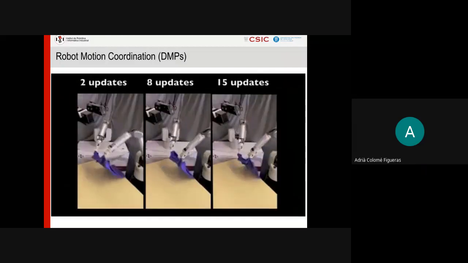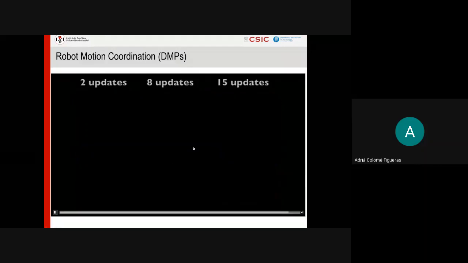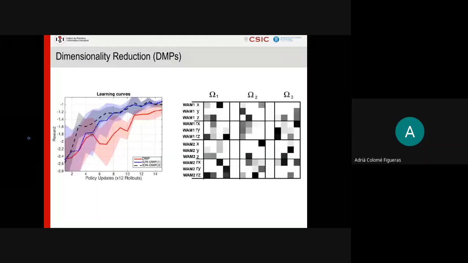Also, we used different latent space projections, and that yielded slightly better results. But in general, what we see is that the standard representation, which is the red line, had too many parameters and was struggling to obtain a good policy.